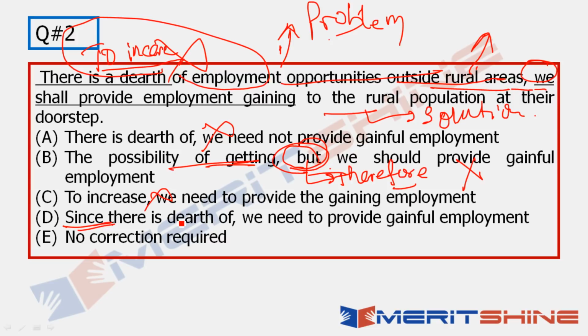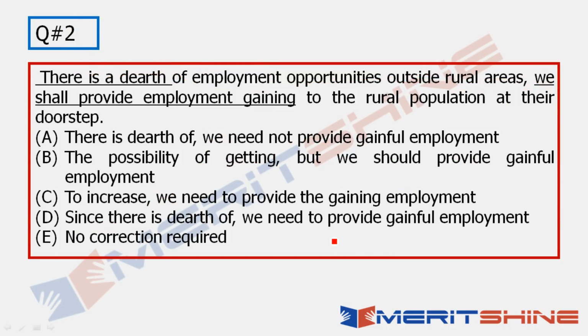Since there is dearth of employment opportunities outside the rural areas, we need to provide, in place of we shall provide, we need to provide gainful employment to the rural population at their doorstep, right? So this D is the answer.